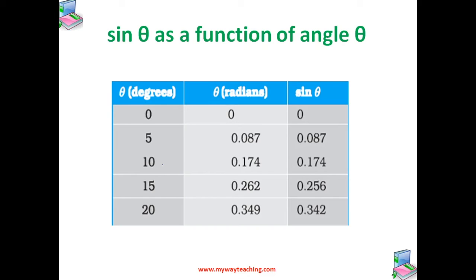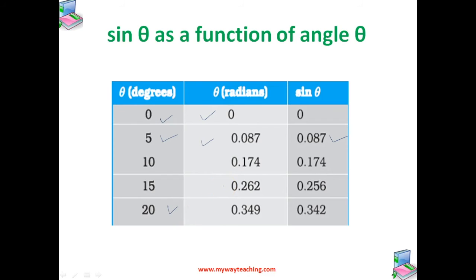See this table, it gives the angle theta in degrees and its equivalent values in radians and the value of the function sin theta. For 0 degree it is 0 radian, for 5 degree 0.087, and the value of sin theta is also given, up to 20 degrees.